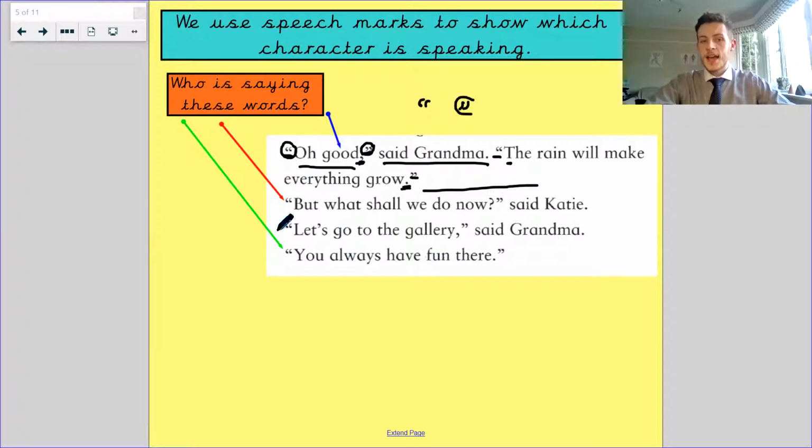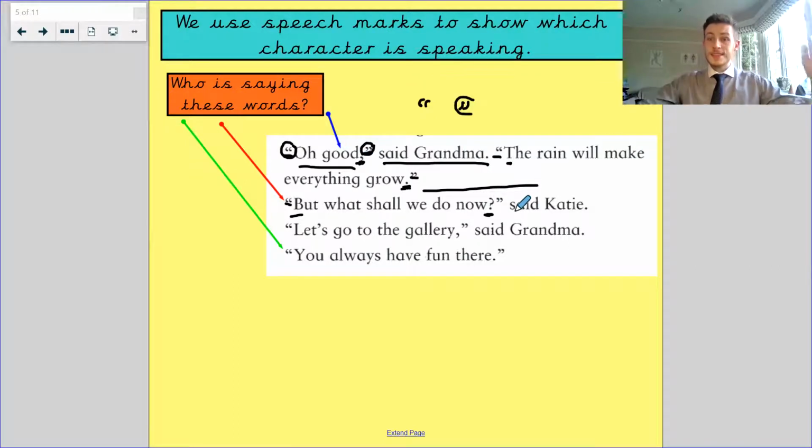The next line down, even though we've got space, it's dropped a line down. Now it says 66, somebody else is talking now, capital letter. But what shall we do now? Now we've got, because it's a question, it needs a question mark. And we've got to imagine that that question mark is a little bit like our comma.